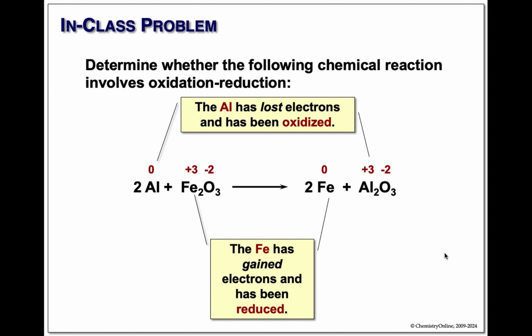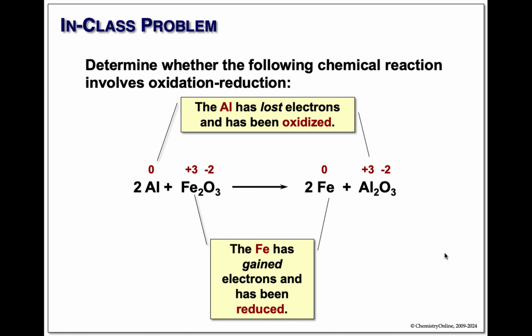Now, just to make this confusing, there's another type of terminology that is in common usage. Iron is reduced, right? How did it get that way? It's because the iron here is an oxidizing agent.